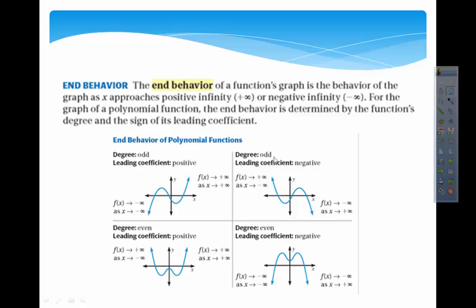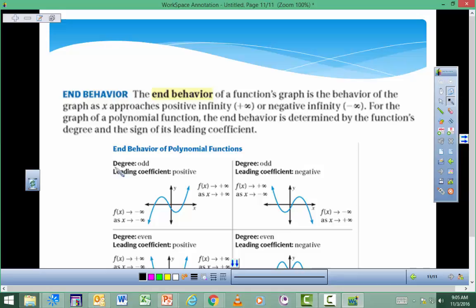So, please understand there's some key values on this table. It's also in your book. But there's some key things it tells you here. If the degree is odd, if the leading coefficient is positive, we've done some of this already.